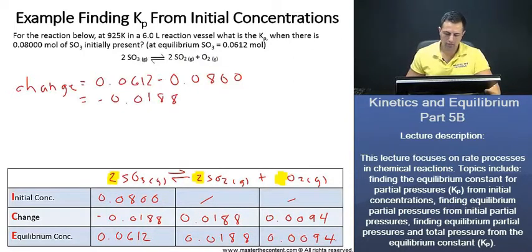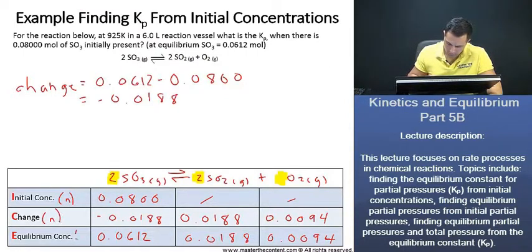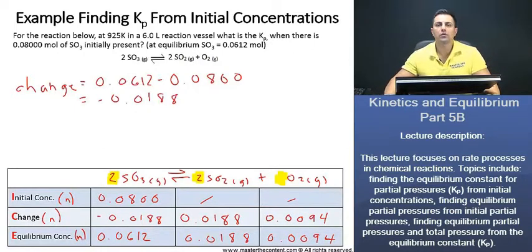Wonderful. Okay, great. Let's now continue with our problem on the next slide, where we can convert. Oh, I should have written this in as well. So we're working here with moles, moles, moles. Now what we can do is go to our next slide.